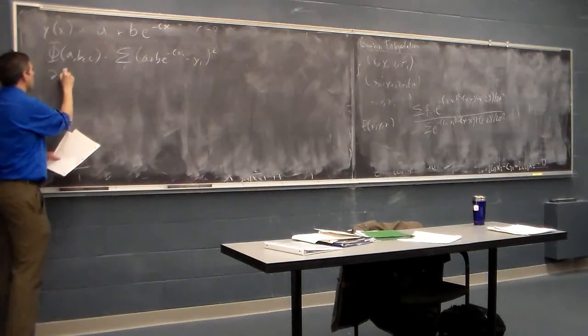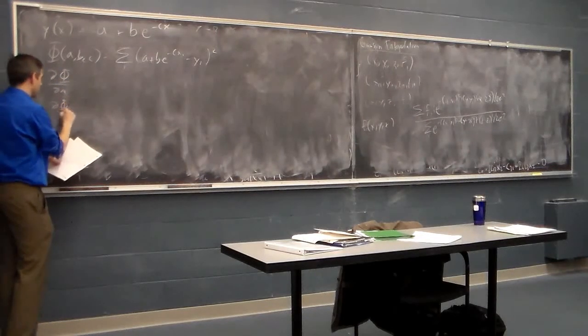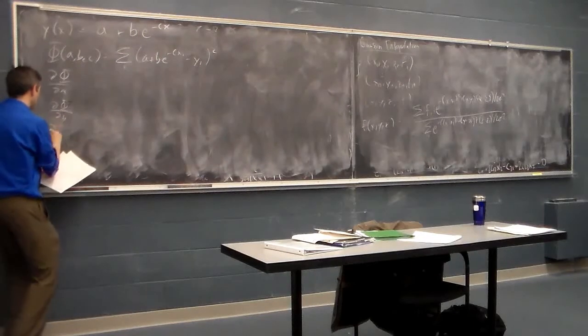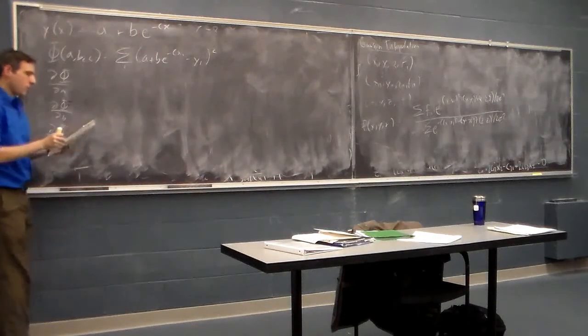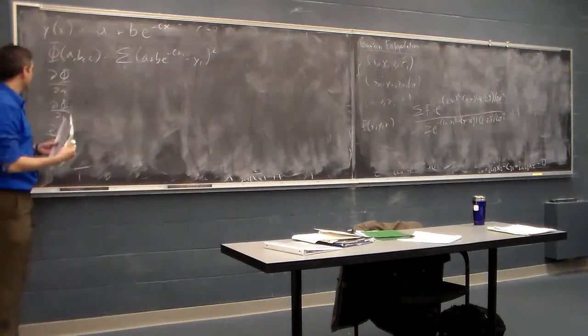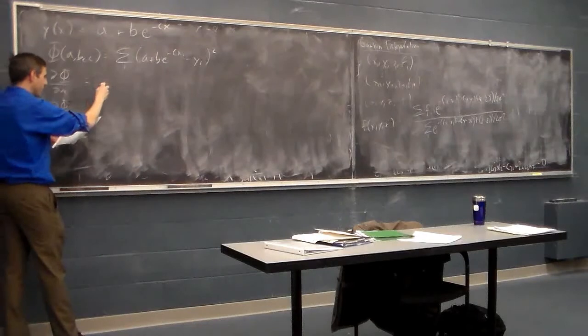To do that, we would want to find d phi dA, d phi dB, and d phi dC. All of those would be not too hard to find, so this is just a linear sum of a relatively simple term here.